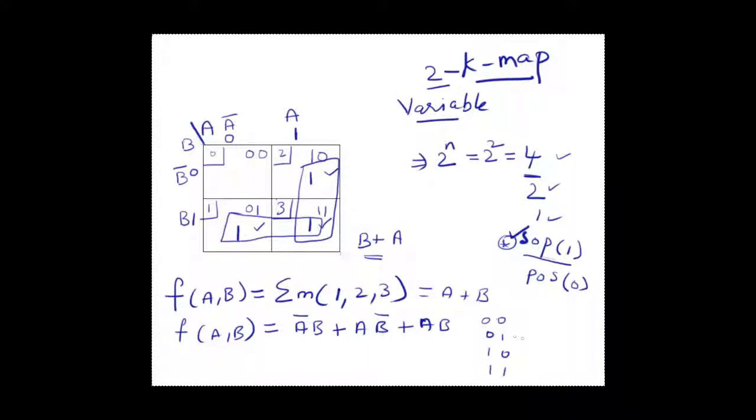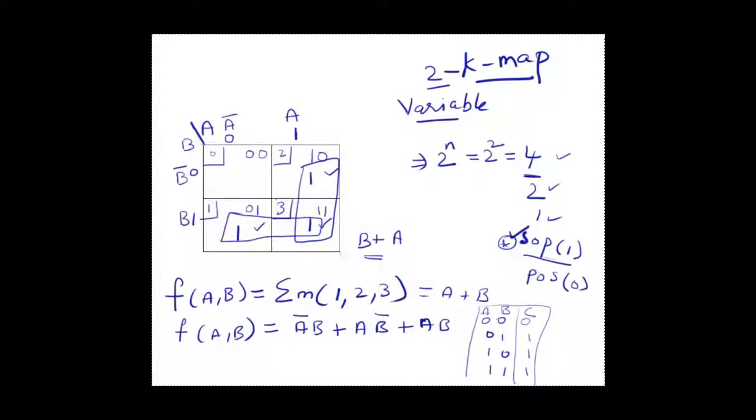If I consider this to be A and this to be B, both the inputs, then the output C I'll consider to be 0 for 0 0, since there is no 1 there. For 0 1 there is 1. For 1 0 there is 1. For 1 1 there is 1. I'm just framing the question from the answer so that you will understand in an easy manner. So the truth table can also be asked as a question.